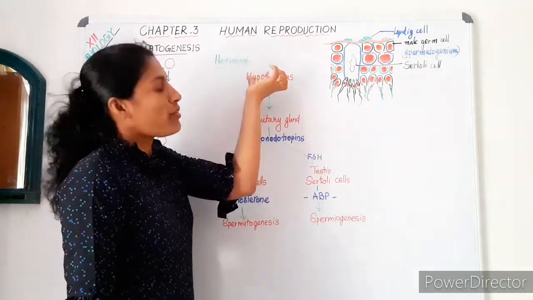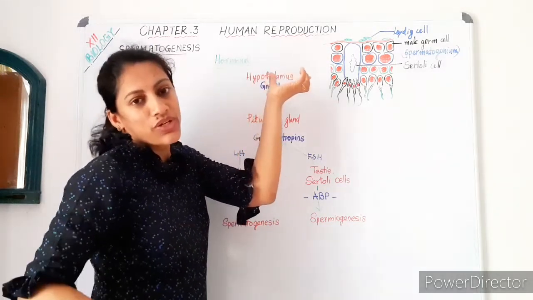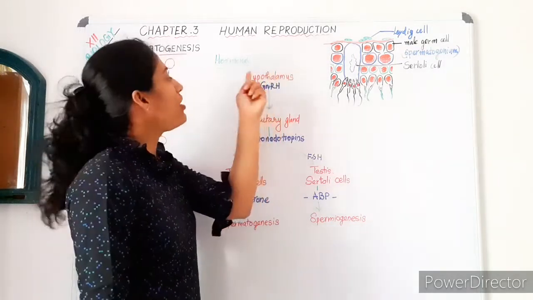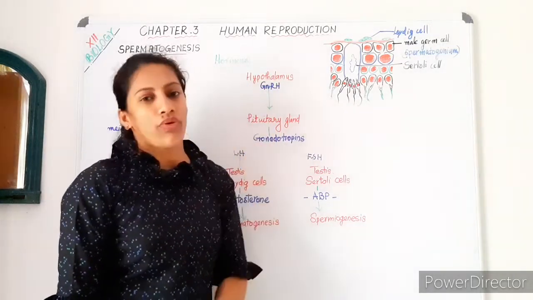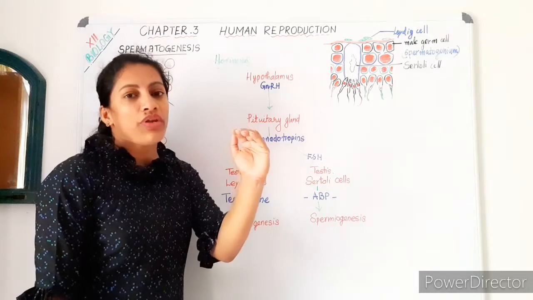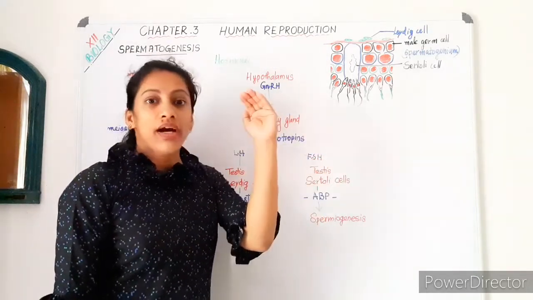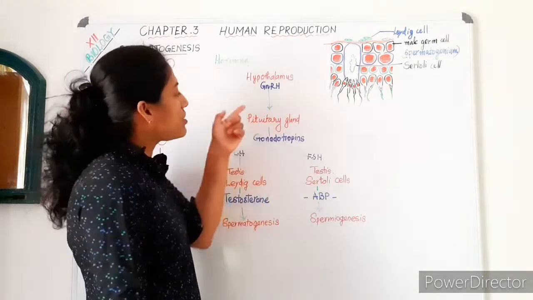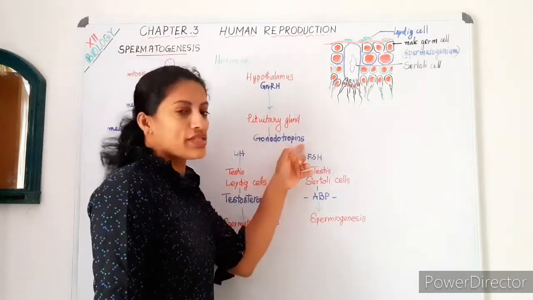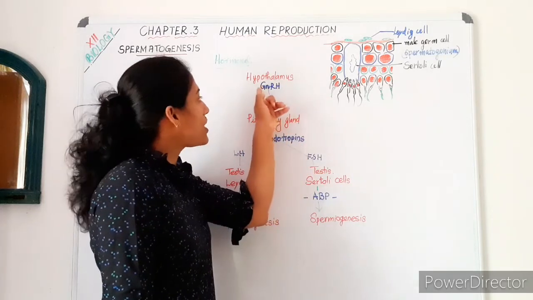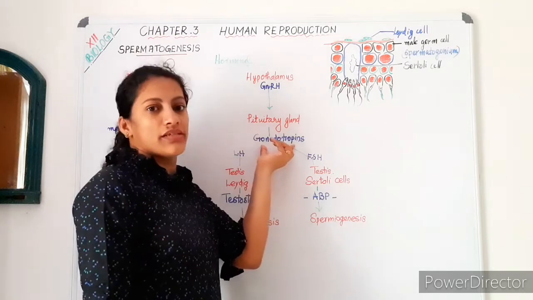So during puberty, the hypothalamus secretes more GnRH, gonadotropin releasing hormone. This hormone is secreted towards its target, the pituitary gland. It will stimulate the pituitary gland to produce gonadotropins. See, the name is gonadotropin releasing hormone. When it stimulates the pituitary, gonadotropins are released.